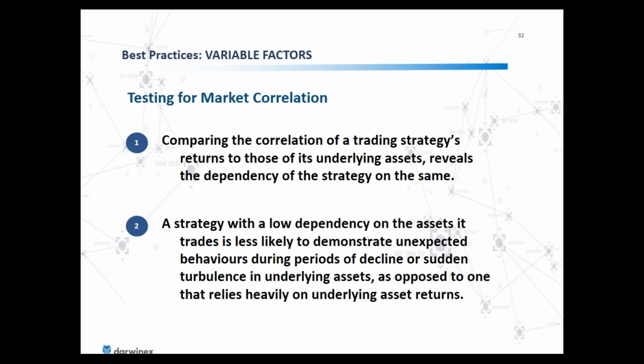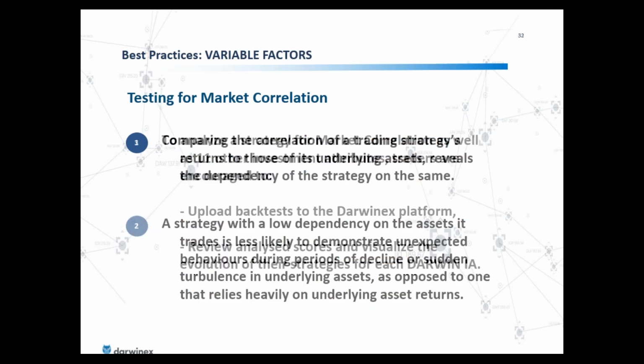As opposed to a strategy that does not rely so heavily on the underlying asset returns, because A, it trades them in both directions, and B, more importantly, it trades them in a manner where the strategy's returns don't correlate with the individual or combined returns of the portfolio of assets that it's trading. So it's important to keep an eye on the dependency of the trading strategy on the underlying assets.